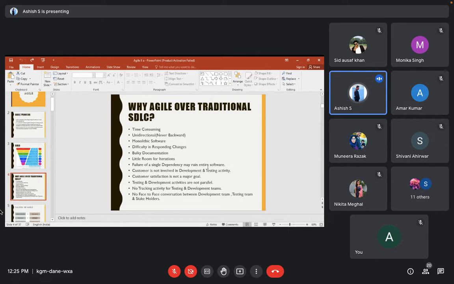And the next one is that testing and development activities are not parallel. You can say that in a few of your traditional models, it will be going in parallel. As you can see in V and V, your development engineers will go through the SRS and your test engineers will go through the SRS.